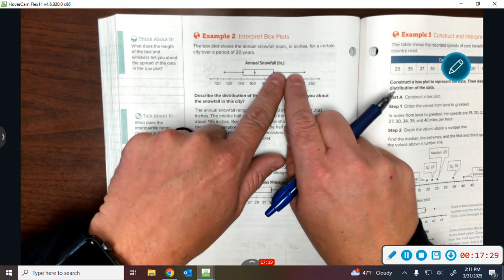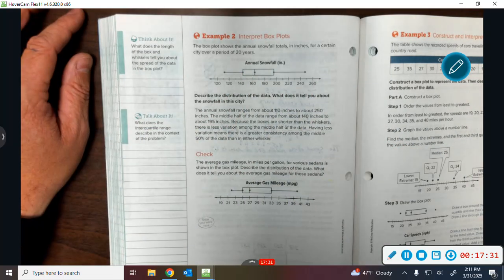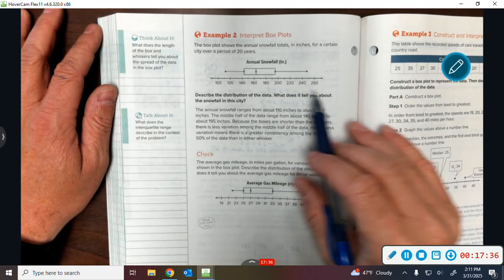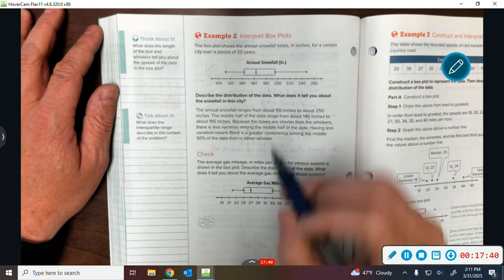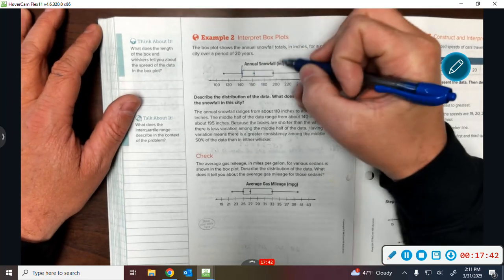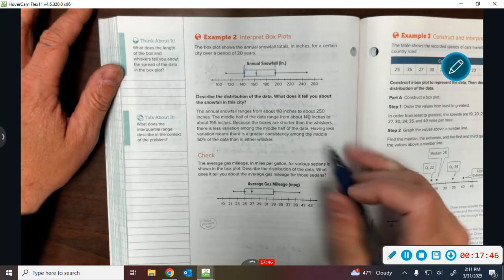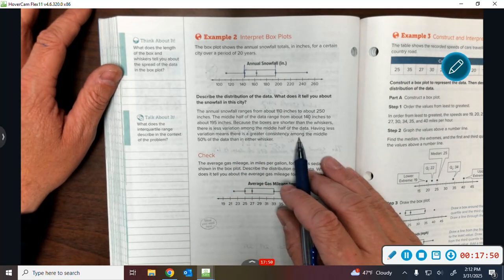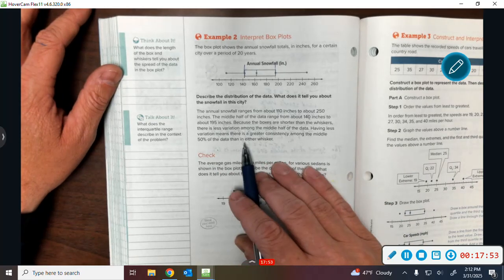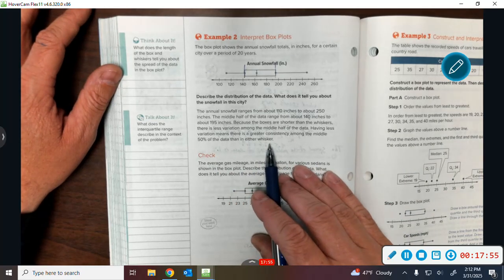So that means the data out here is more spread out, but inside we have less variation in the middle half of the data. So from here to here, our data is more smushed in, less variation. Having less variation means there is a greater consistency among the middle 50% of the data in either whisker.